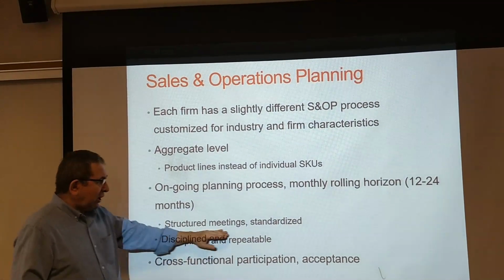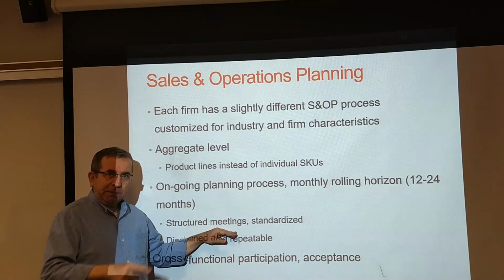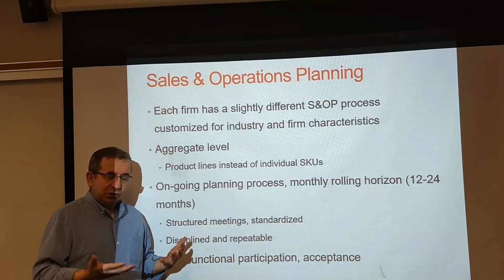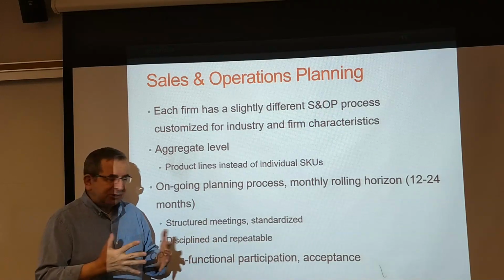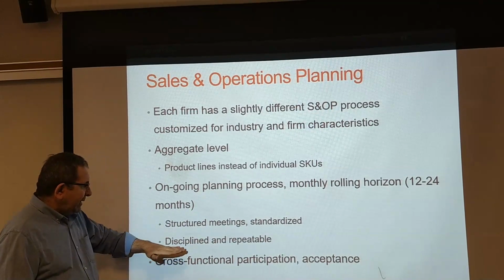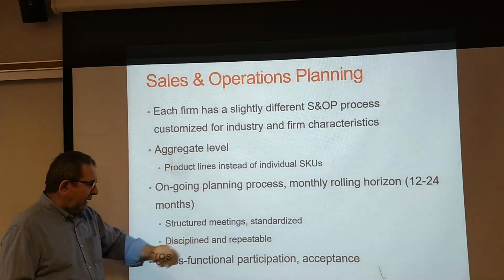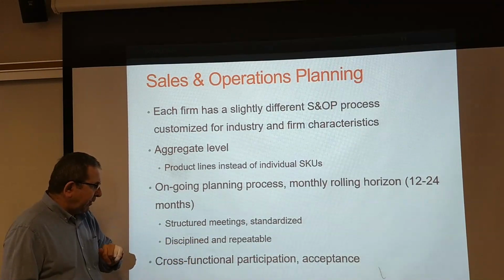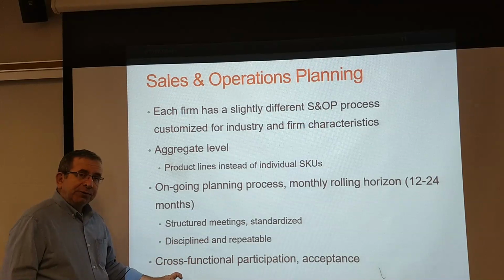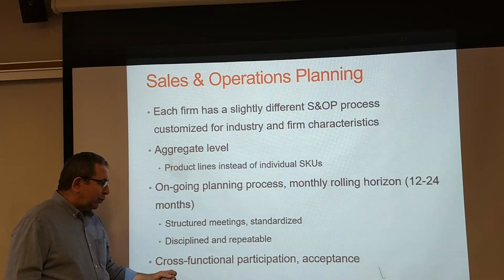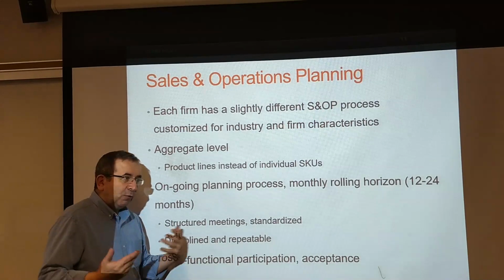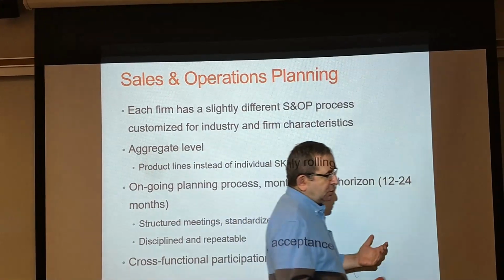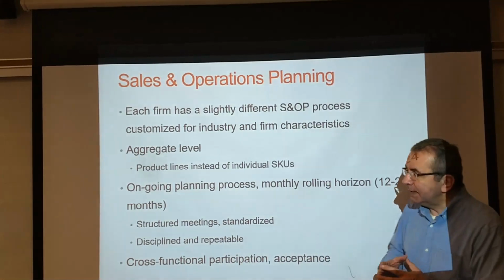So these meetings are standardized because they are repeated over time. So there has to be structure, and everybody should know what everybody else is doing. And they need to follow a certain plan. They're repeatable. And the most important thing is you should have cross-functional participation. Okay, why is this? First of all, what is cross-functional participation?